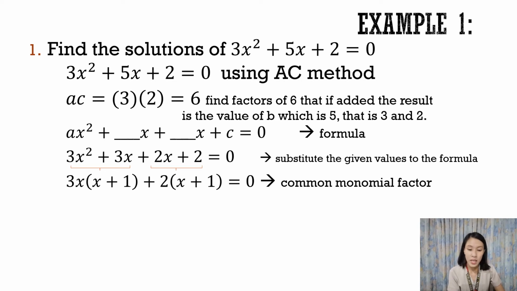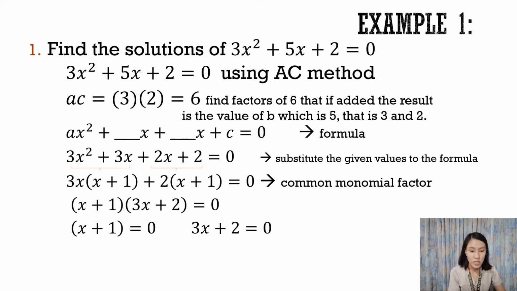The next step is to copy the common factor. The common factor that we have is x plus 1. So you copy that one, and the remaining factor is 3x plus 2, is equal to 0.